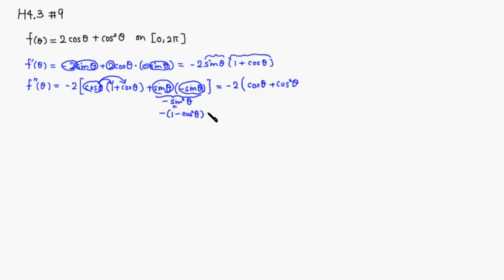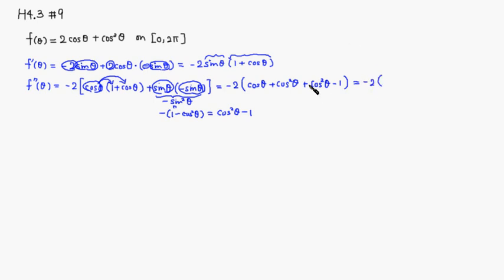So that's cosine squared minus 1, so we'll put that in. So you have cosine squared of theta minus 1. Right? So put them all together. You're going to get a negative 2 outside.